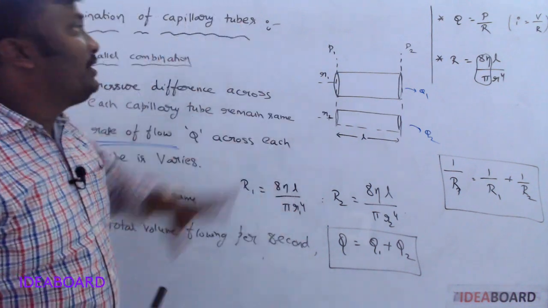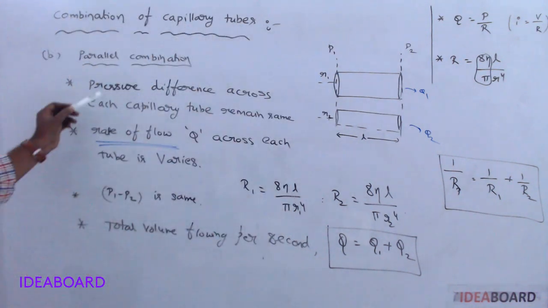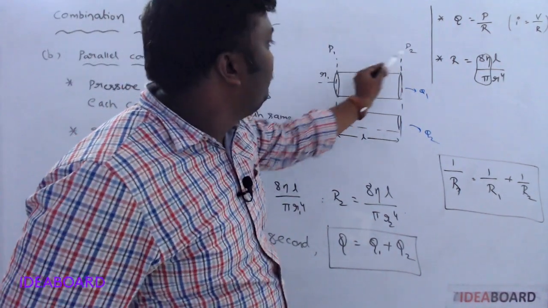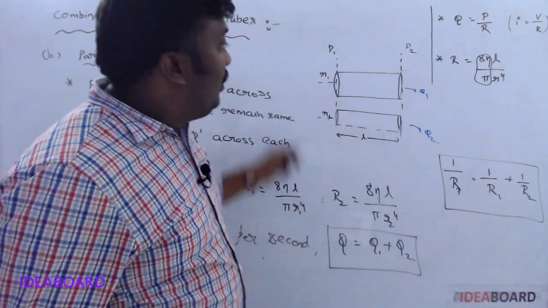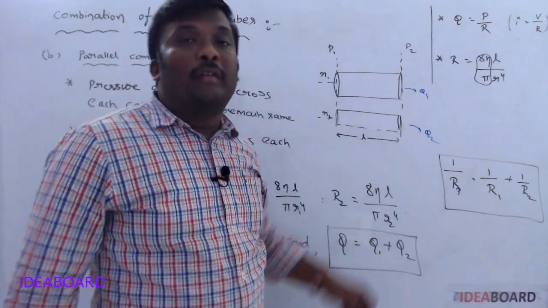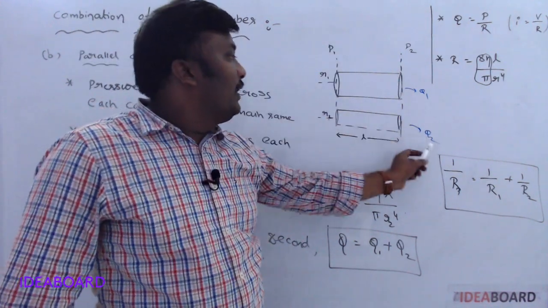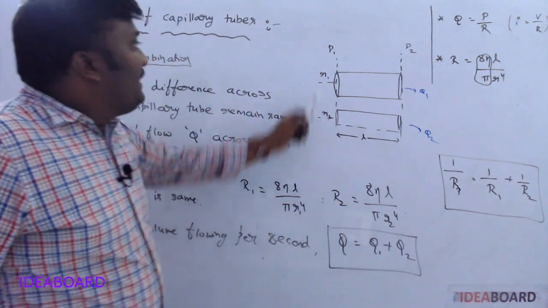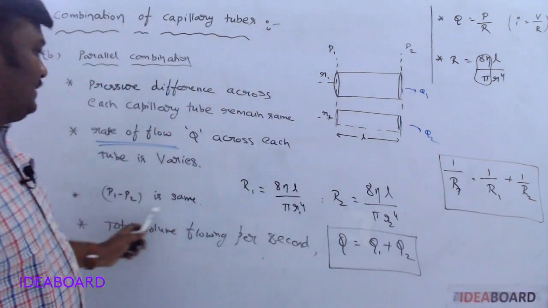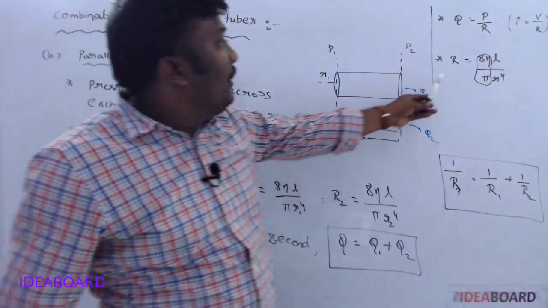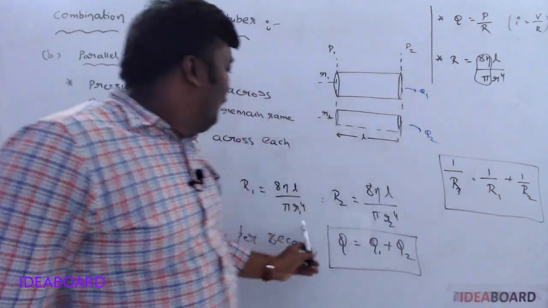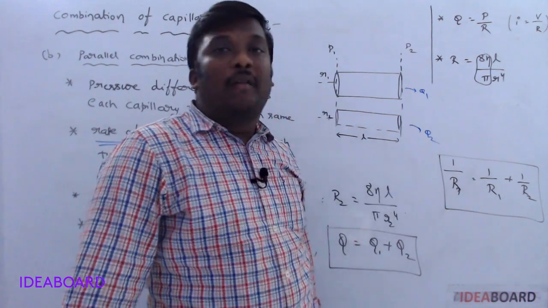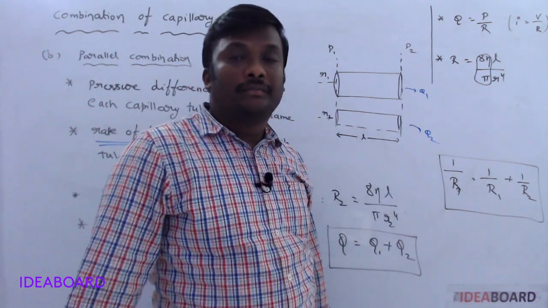So in the parallel combination, generally, the pressure difference across each capillary tube remains the same, but the volume rate of flow varies. So Q1 and Q2 here, total volume flow is Q1 plus Q2, pressure difference P1 minus P2 is the same, and we know the value of the resistance of the fluid. From that, in parallel combination, the effective resistance is 1 by R1 plus 1 by R2.